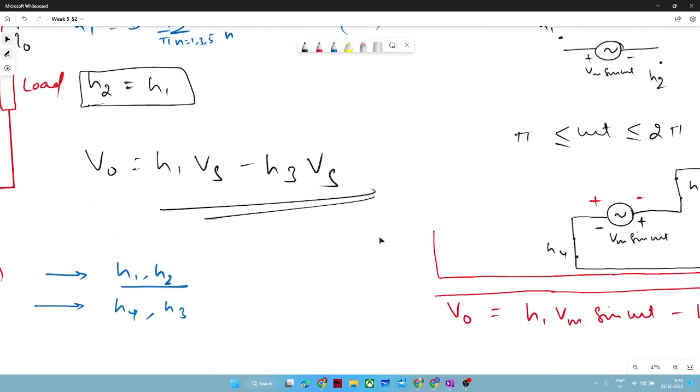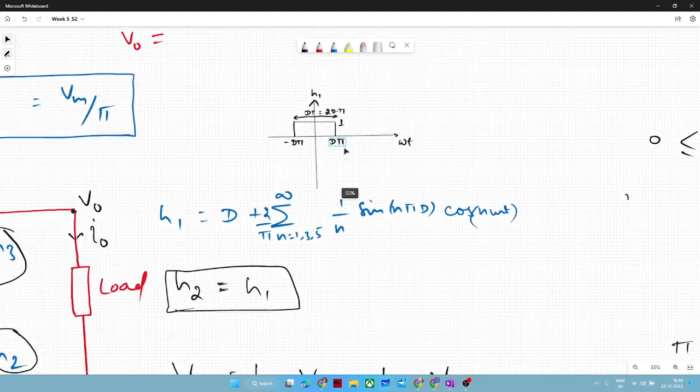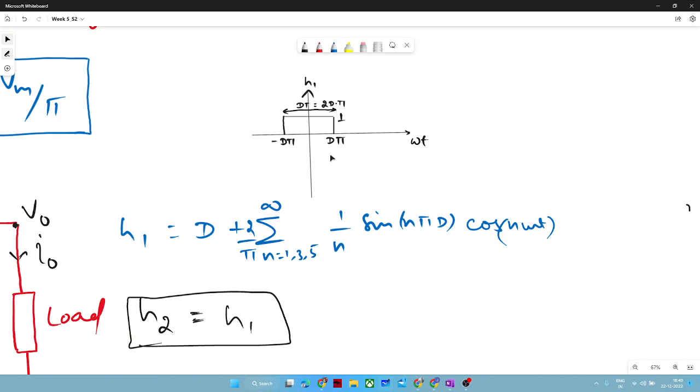So I am intentionally making this switching function even, so that if you find the Fourier series, you will get something like this. If you multiply with your supply, also cosine, and the fundamental of this pulse you will also get in terms of cosine, so cosine and cosine multiplication will give you DC and second order ripple. That's the purpose here.